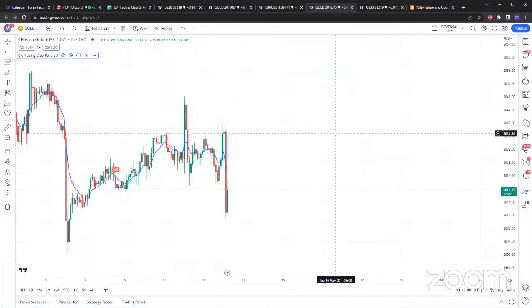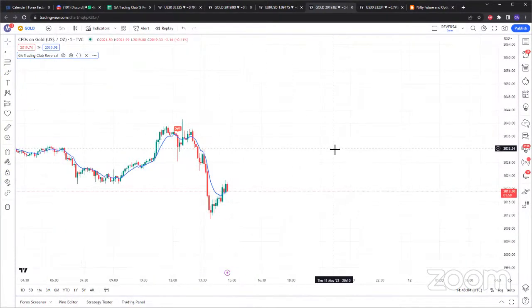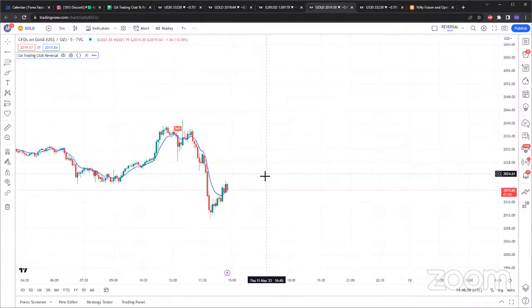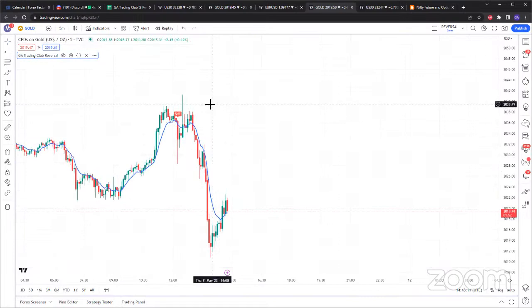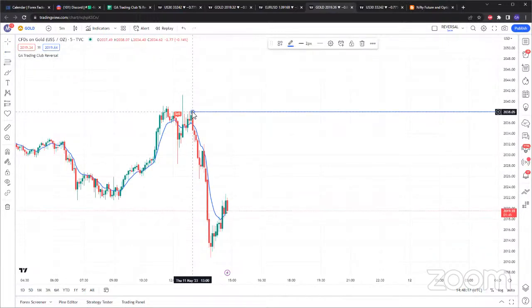This is the issue of looking at too many instruments. Gold. Is this the reversal chart? It should show something. It was 2038, so I'm looking for less 15.